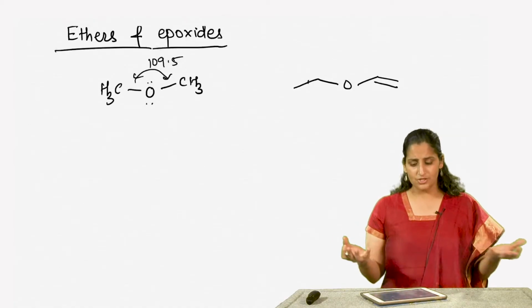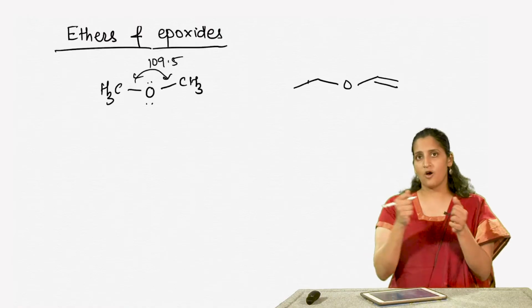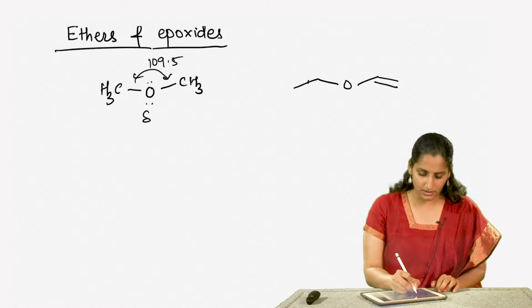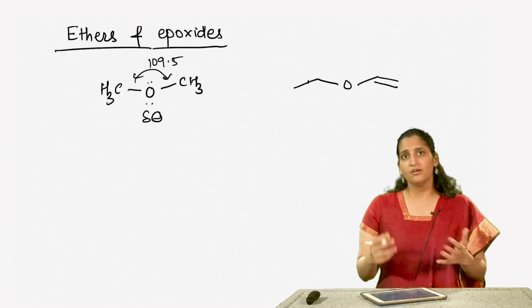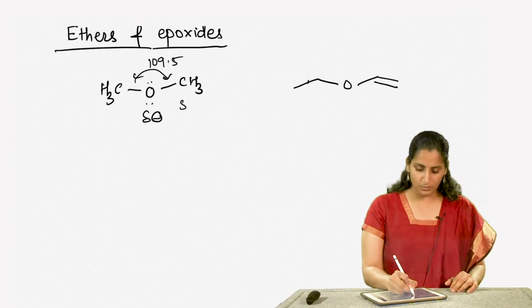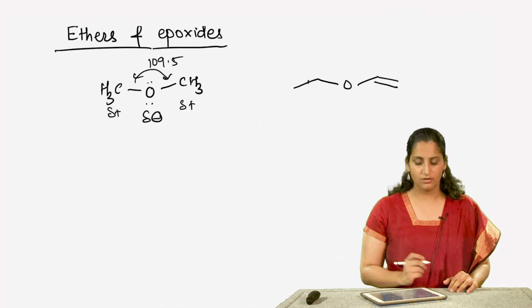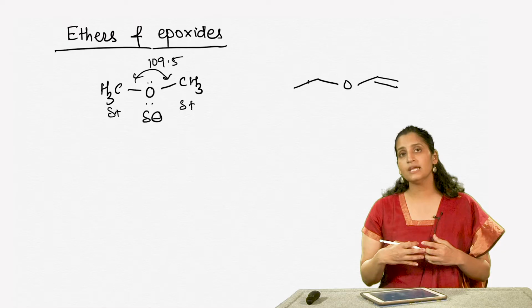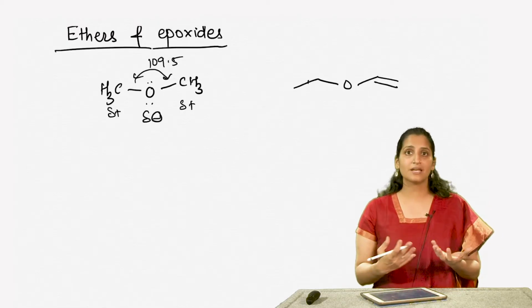So, ethers are in general polar molecules because oxygen is pulling electrons from both the carbons. So, the oxygen bears a partial negative, whereas the carbons are both going to bear a partial positive. Although it is not going to be a really distinct polar molecule as in the case of alcohols.